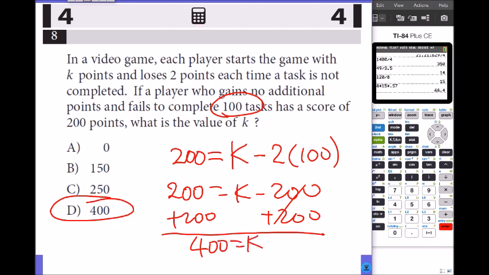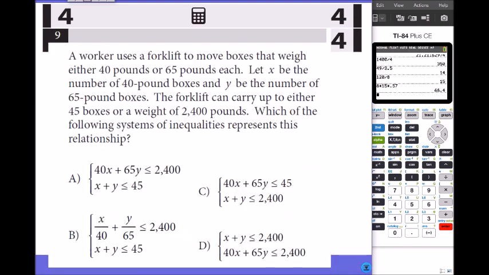Okay. 9. A worker uses a forklift to move boxes that weigh either 40 pounds or 65 pounds each. Let X be the number of 40-pound boxes, so usually 40 times X. And Y will be the number of 65-pound boxes, and most likely they're going to ask for the sum.